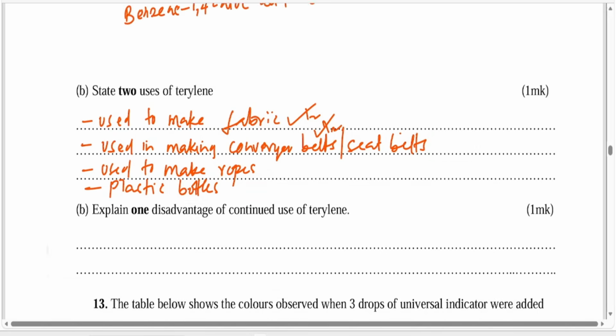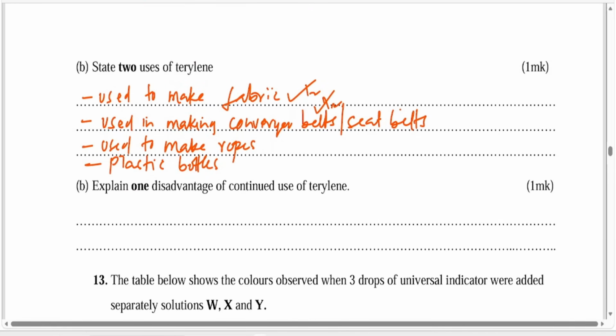Part B of the question, explain one disadvantage of continued use of terylene. Terylene is one of the non-biodegradable polymers and it can cause pollution. So we say it is non-biodegradable and it can cause pollution.